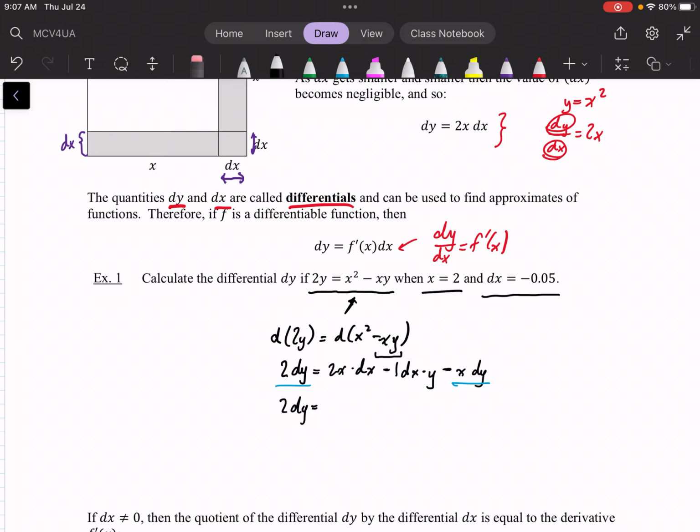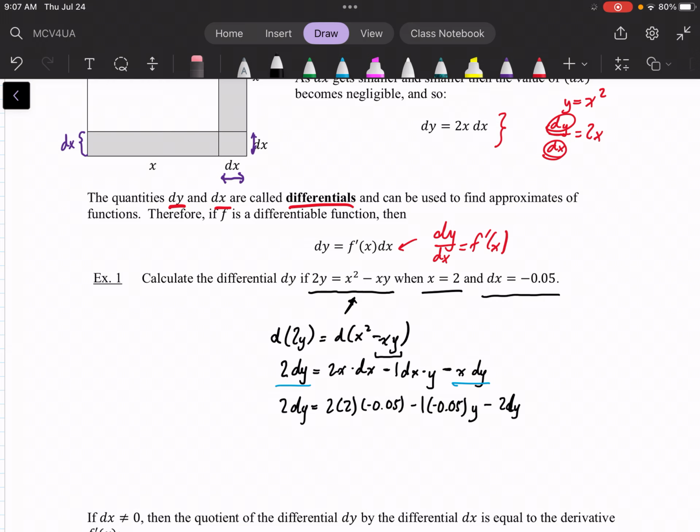That I have. So x was 2, dx is negative 0.5, but I don't know y at this spot. There's an interesting conundrum. So how am I going to figure out y?